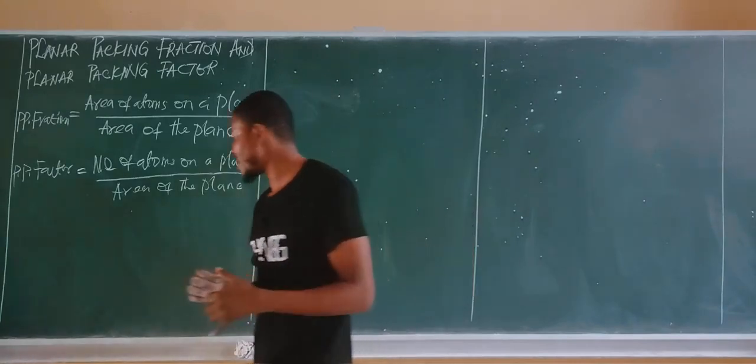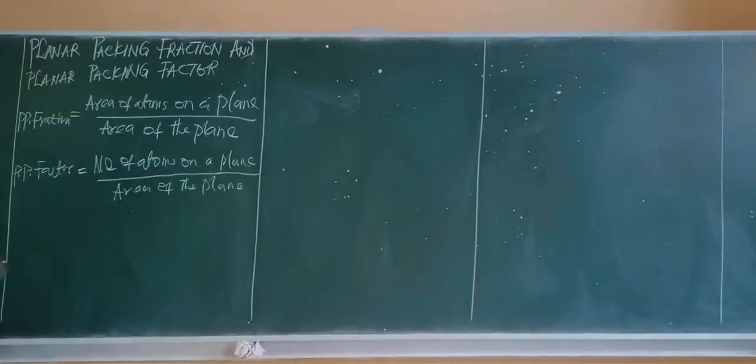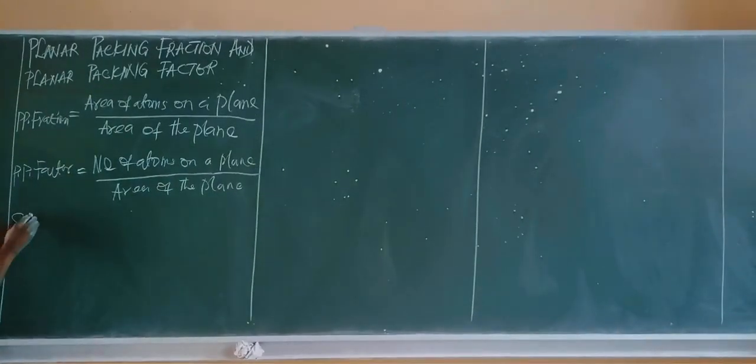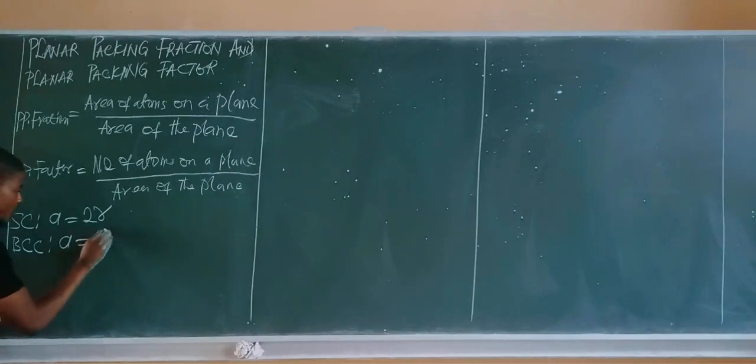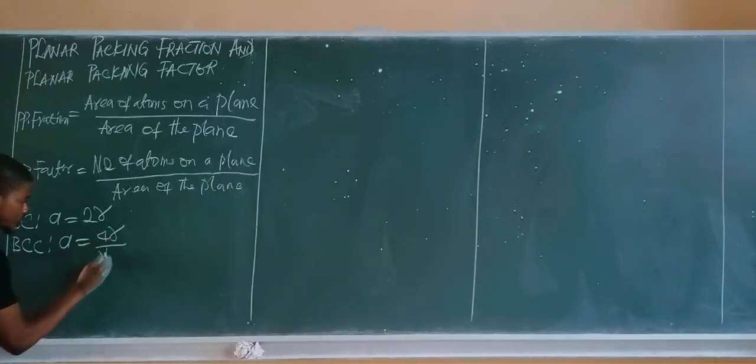In that video, I said that the lattice parameter for a simple cubic structure, SC, relates to the radius in this manner: a is equal to 2 times the radius of the atom. Whereas for a body-centered cubic structure, BCC, the lattice parameter a is equal to 4r over root 3.